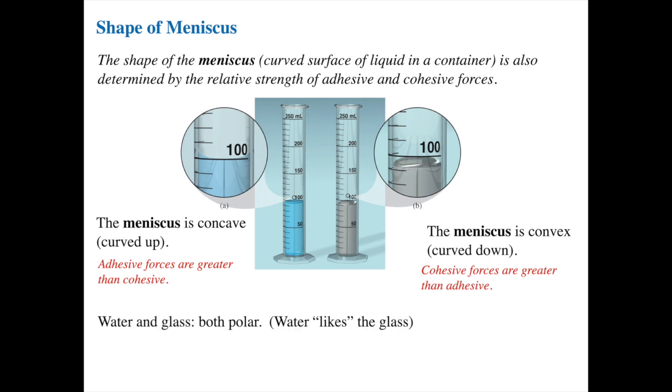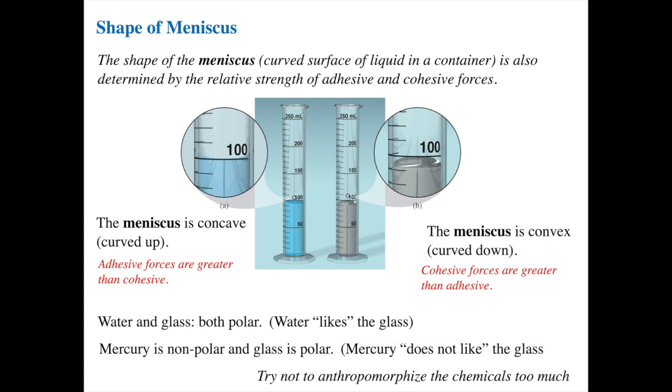So we often think in terms of, water and glass are both polar. The water likes the glass, the mercury doesn't like the glass, but try not to anthropomorphize these chemicals.